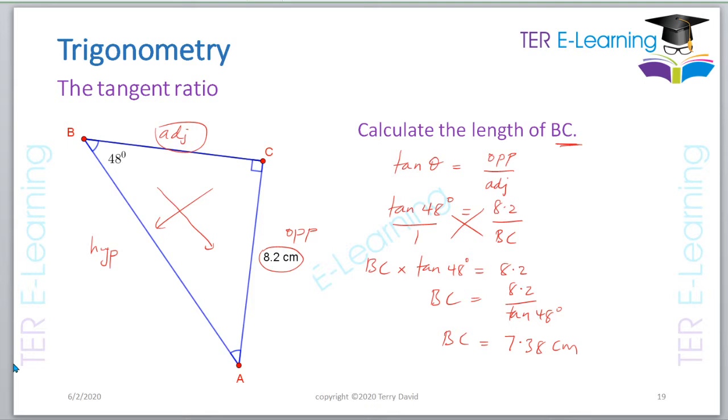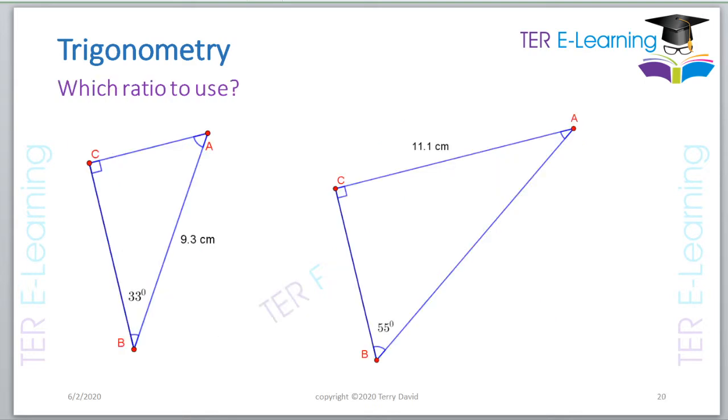So take a look at this. Sometimes when you get an exam question and you look at it, you're not sure what you have to use, right? So for example, in this first diagram here, the diagram on the left, I have an angle, I have a side which is 9.3 cm.